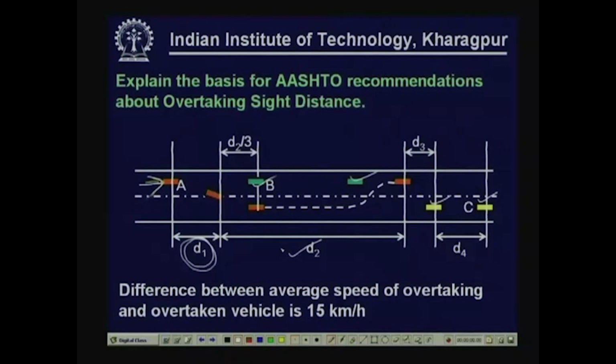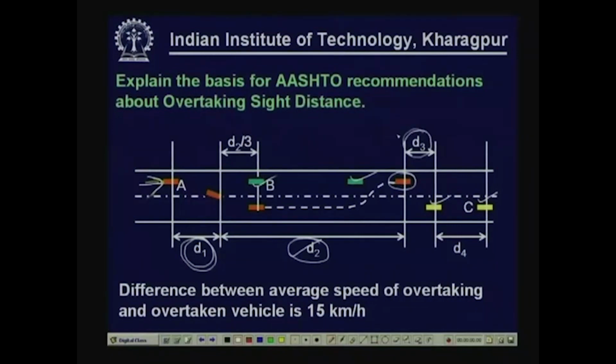D2 is the distance travelled during the actual overtaking. So, vehicle A from this position goes to the opposing lane, completes the overtaking operation and then comes back to its original lane. This distance travelled is normally taken as D2.